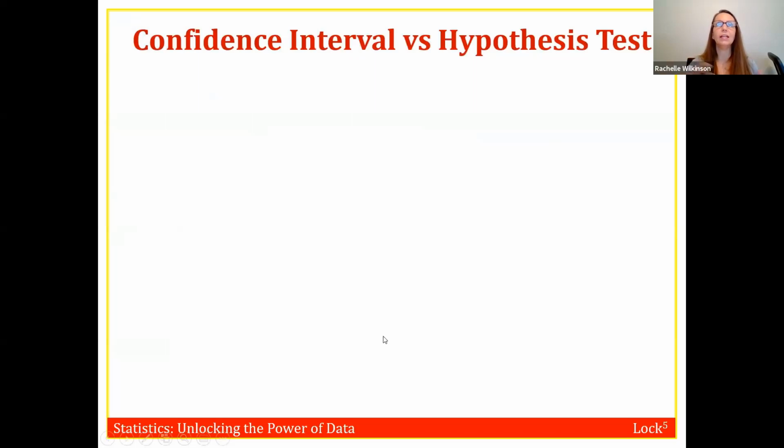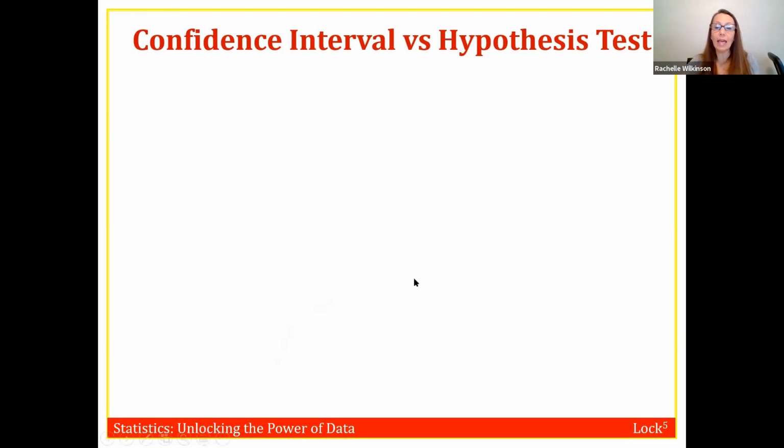And basically, although we can use a confidence interval to do a hypothesis test, using the confidence interval allows us to make a reject, fail to reject type of decision, but it doesn't give us any idea of the strength of our evidence.